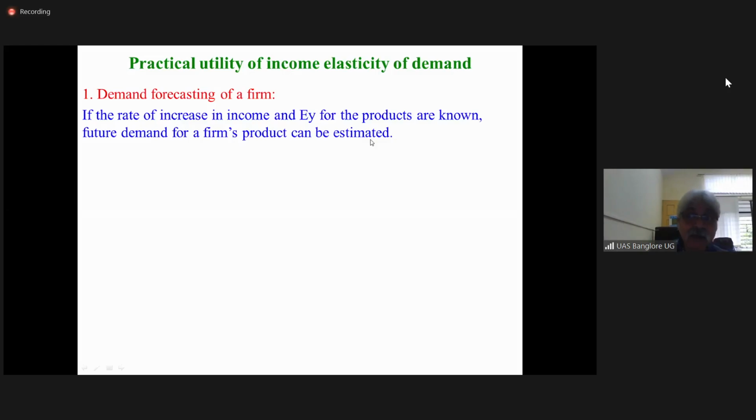Whether they will purchase more of this commodity. If we know that income elasticity, then I can plan my production and marketing.